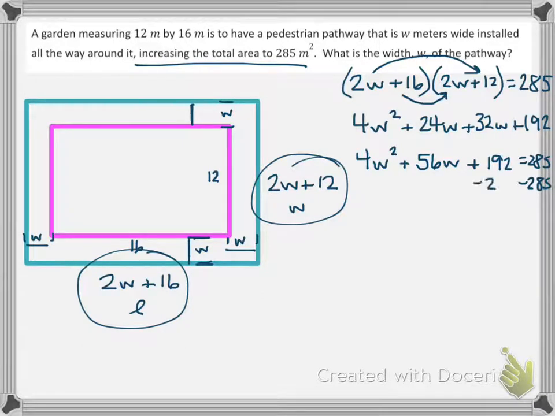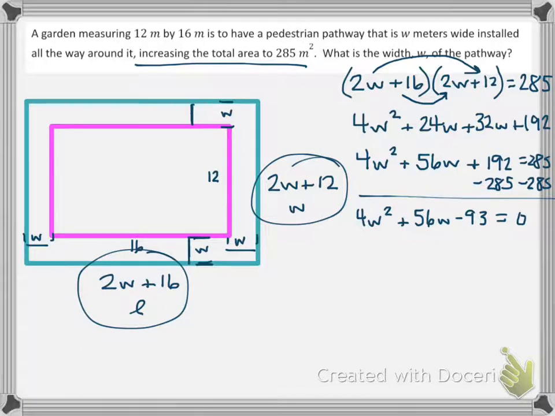That would work. Okay, and if I do that, I get 4W squared plus 56W. And then 192 minus 285 gives me a negative 93. And then that's equal to 0.